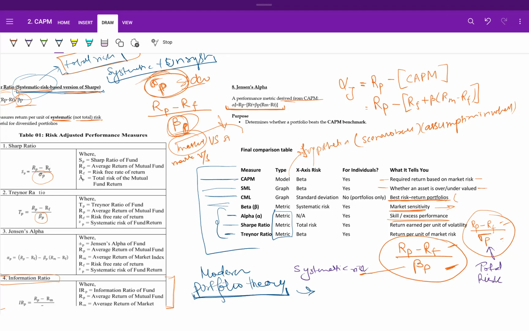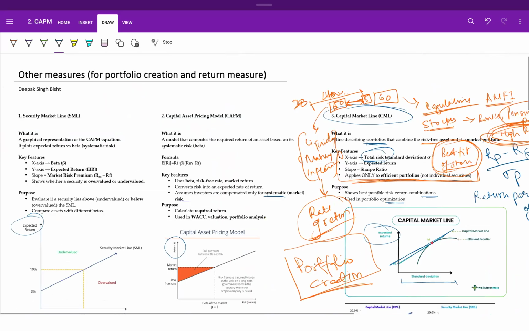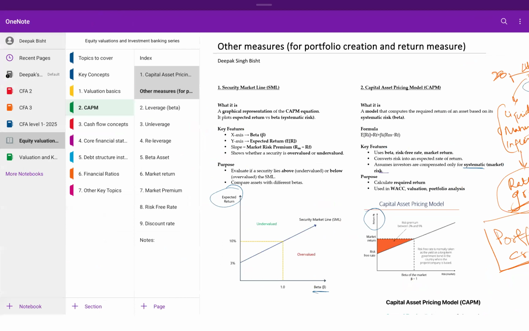CAPM converts beta into required return. Just remember this. Let's go back to our capital asset pricing model. Now since we have talked about everything, let's move to the Q&A section.